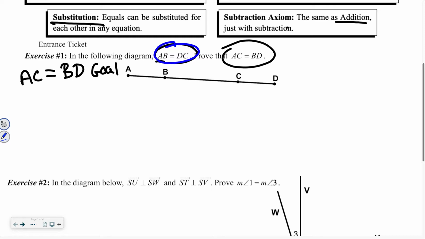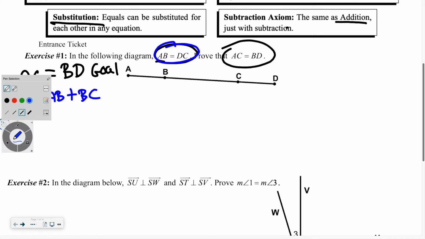And so we say, okay, how do I represent AC? And we spoke about that before. AC is equal to AB plus BC. Yes? Okay, that's great.